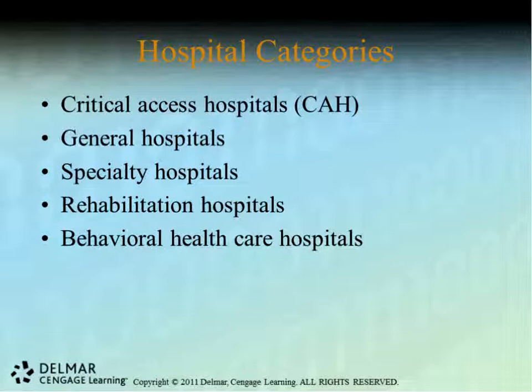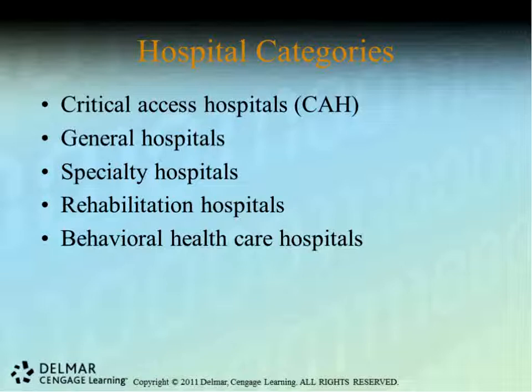Now, other types of hospitals, you have your general hospitals. Those are just what it means, general. They take in all patients with the services that fall under their purview in terms of acute care. You have specialty hospitals where they're looking at a specialized population, like we mentioned, children's hospital or cancer hospital or something of that nature.